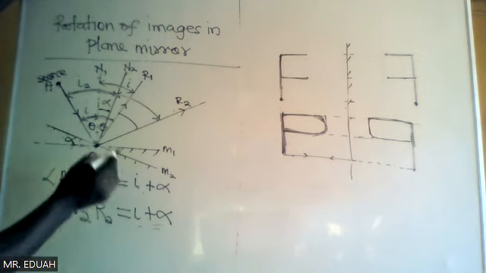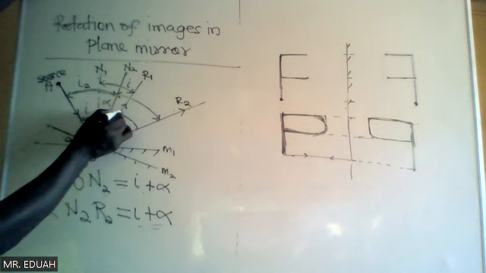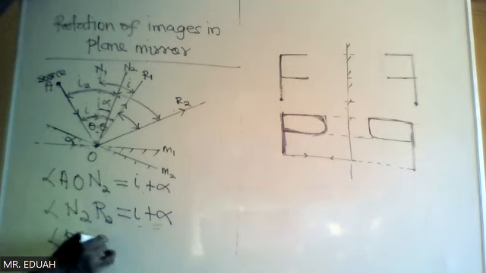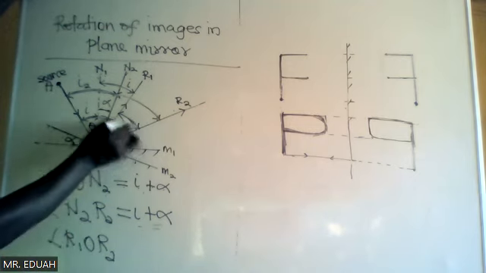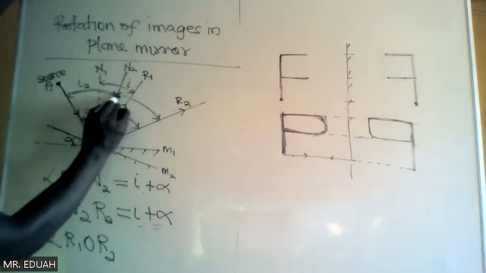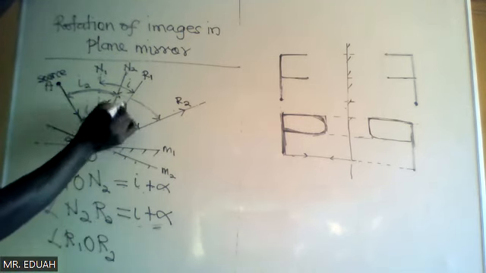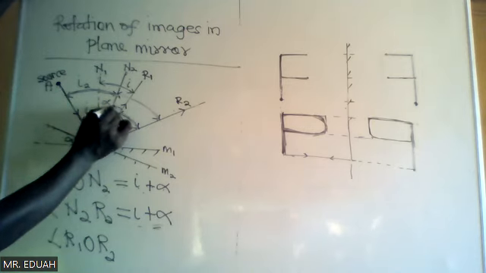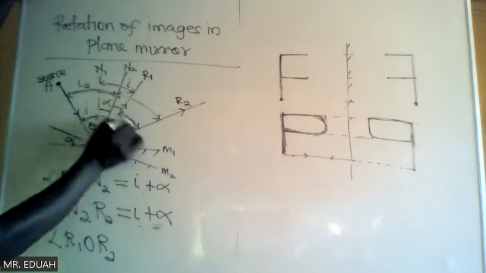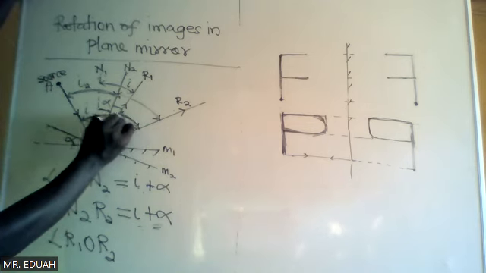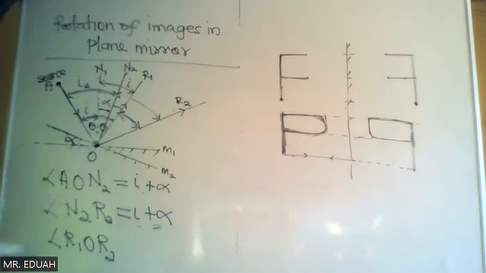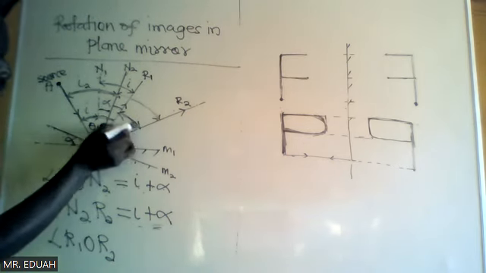But what we are interested in is that we want to determine this angle, angle R1OR2. Now we know this whole angle, which is this. But if we could determine the small angle, we could easily subtract, and we have this angle. Please, are you seeing the analysis? I hope you are following it. We are interested in this angle.